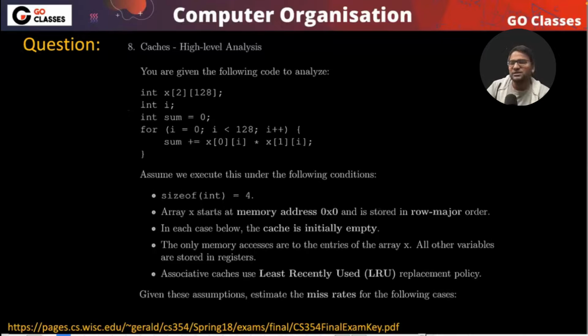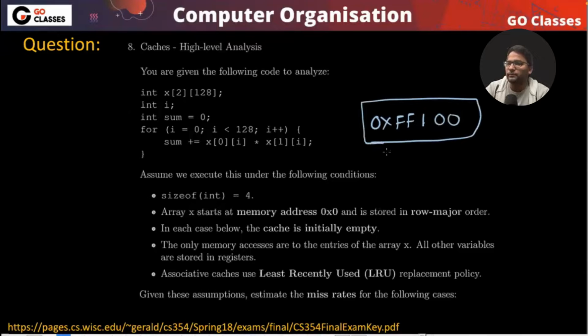Suppose instead of this, they say that the array started at this address. Then can you check whether it is a boundary of a block or not? Can anyone tell me how to check whether, if the array is starting from this address, it is a boundary of a block or not? Let's suppose the block size is 8 bytes.